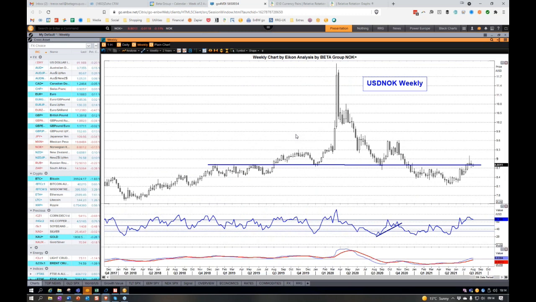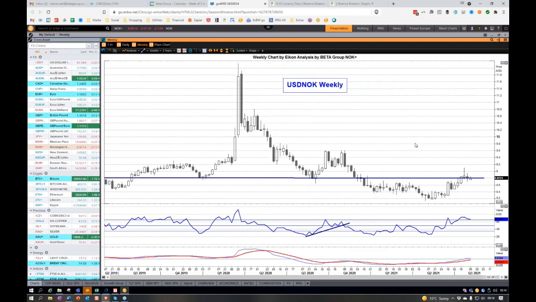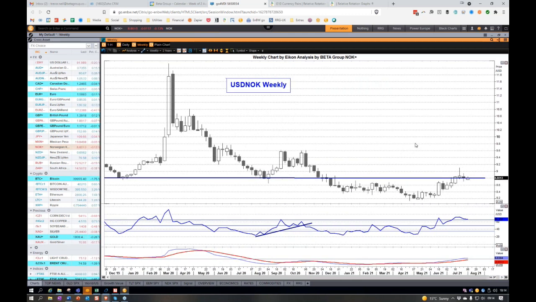I'll bring it in right back to 2018. Look at the importance of that level. High, breakout, low, breakdown. Now, no surprise that we're hesitating at that level, and it's really having trouble because of it, and that's what's putting it in such a poor position in the RRG.